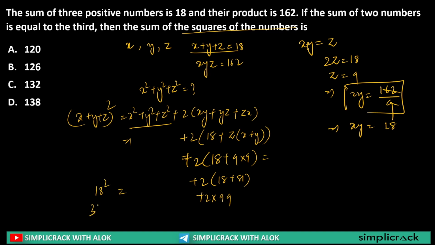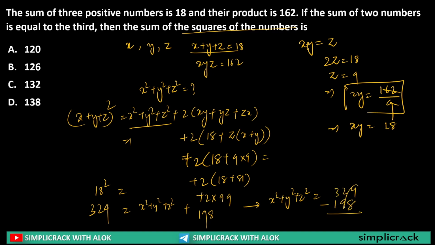So 324 is equal to x square plus y square plus z square plus 198. So x square plus y square plus z square is equal to 324 minus 198, so the answer will be 126. Clear? Yes.